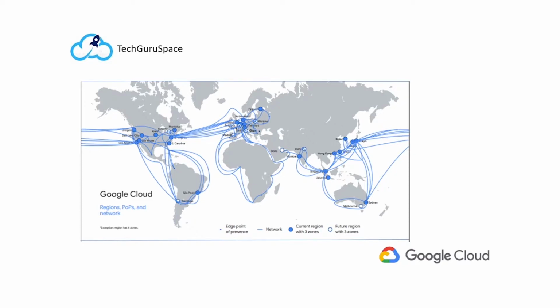Google Cloud can bring its traffic closer to its peers because it operates an extensive global network of interconnection points. This reduces cost and provides users with a better experience. The network contains regions and POPs and is composed of a global network of fiber optic cables.